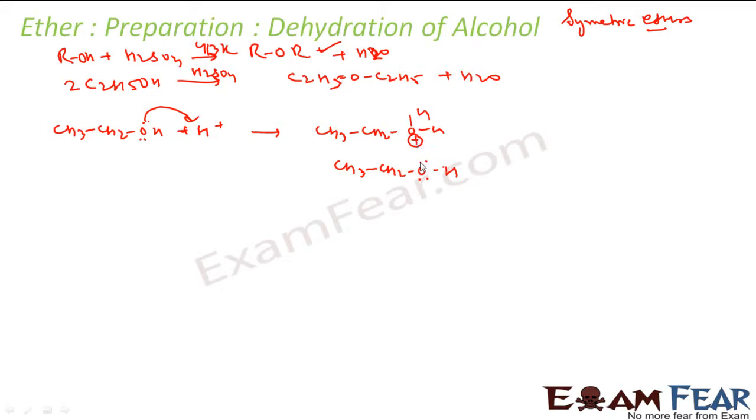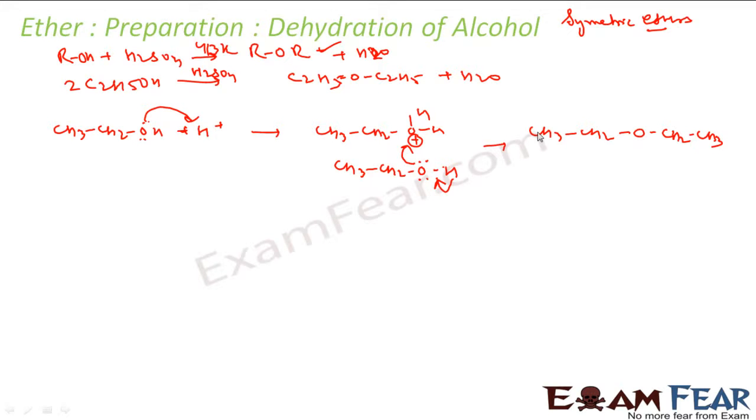Now this has a positive charge, this has a lone pair of electrons, it will react. And the H2O will come out. So with this, what you get is CH3CH2OCH2CH3. Correct? You can form the carbocation also if you want. You get plus charge here, and this H comes out, and forms a bond.